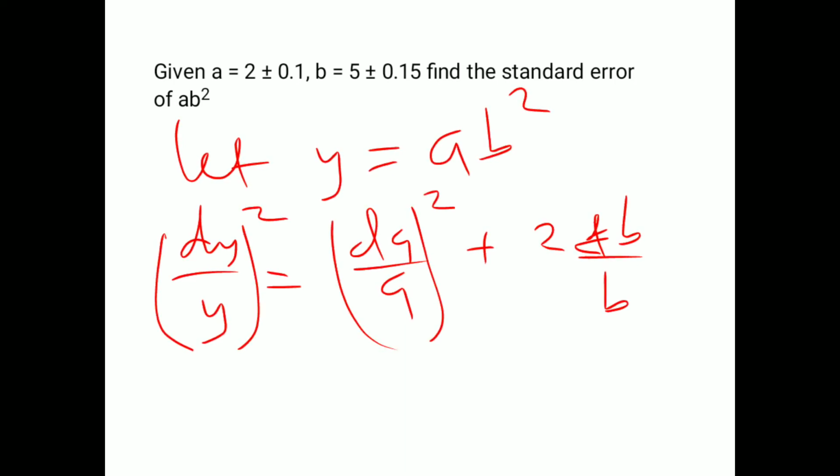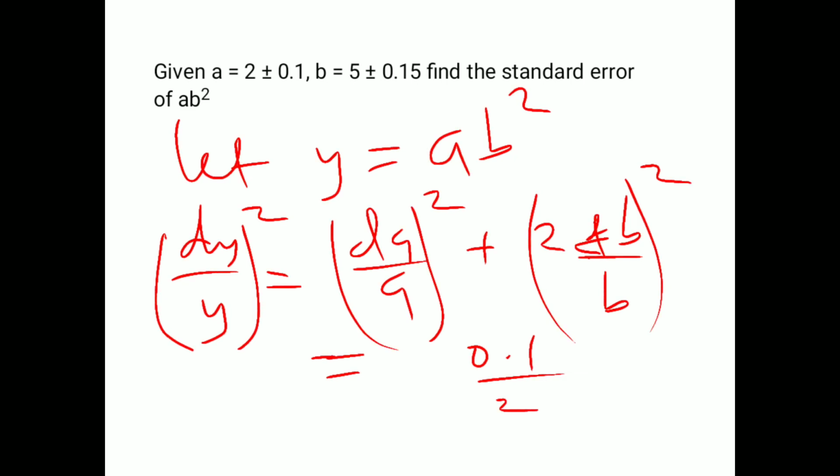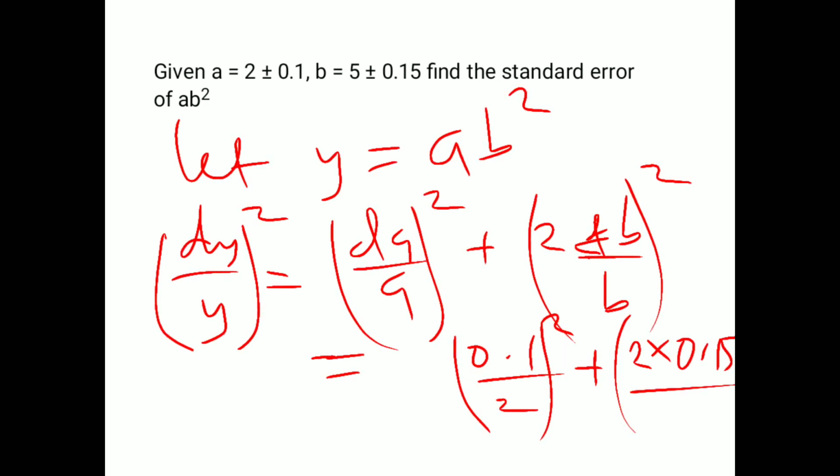Now, substituting the values, we are going to have dA over a, which means 0.1 divided by 2, all squared, plus 2 times dB over b. That means 2 times 0.15 all over 5, and of course, we are squaring it.